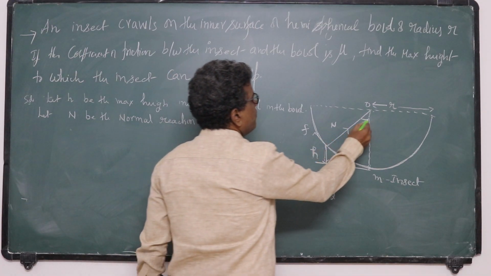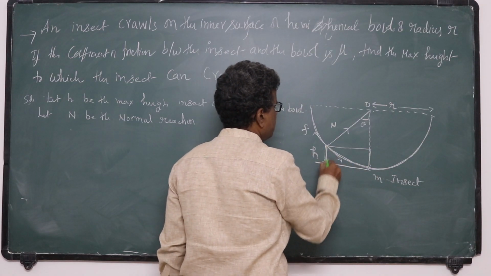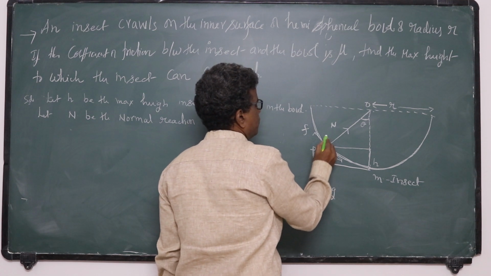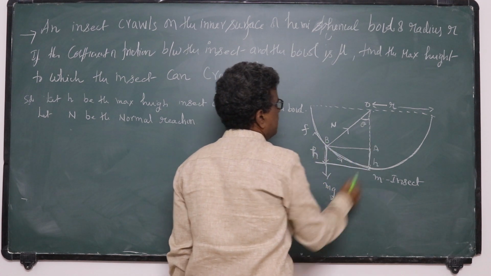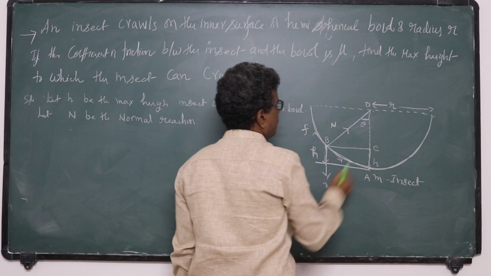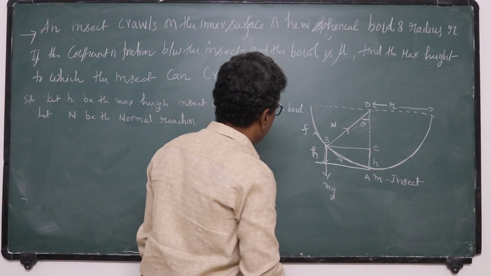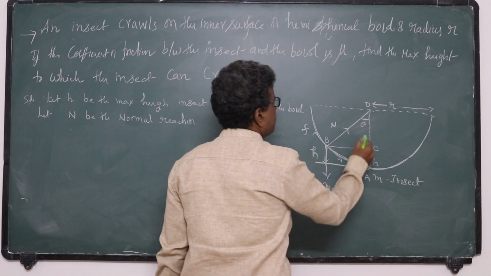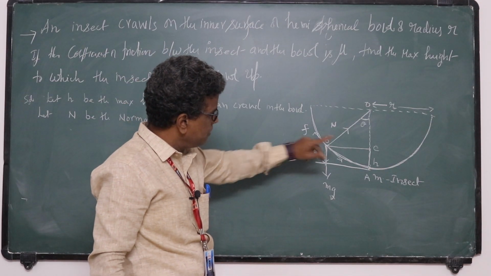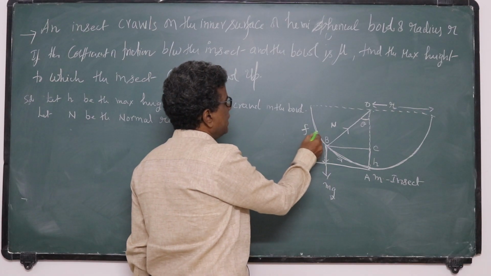So we want this height. If this is h, this one is also h. Let this position be B, and this one A, and this one C. What are the forces acting on the insect at position B? The weight acts vertically downwards and the frictional force acts upwards.